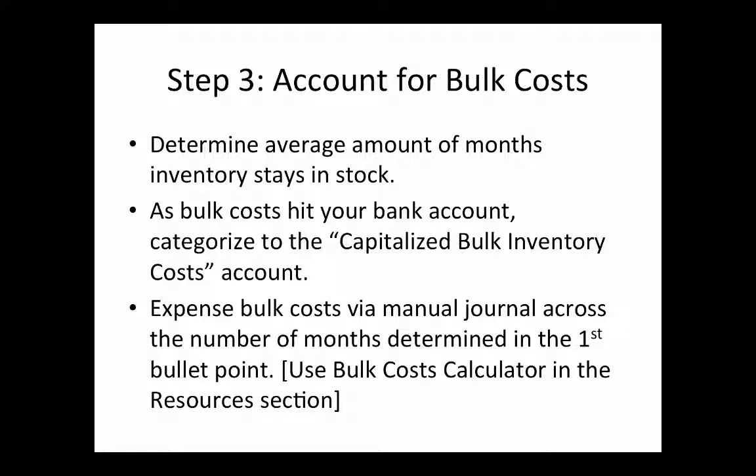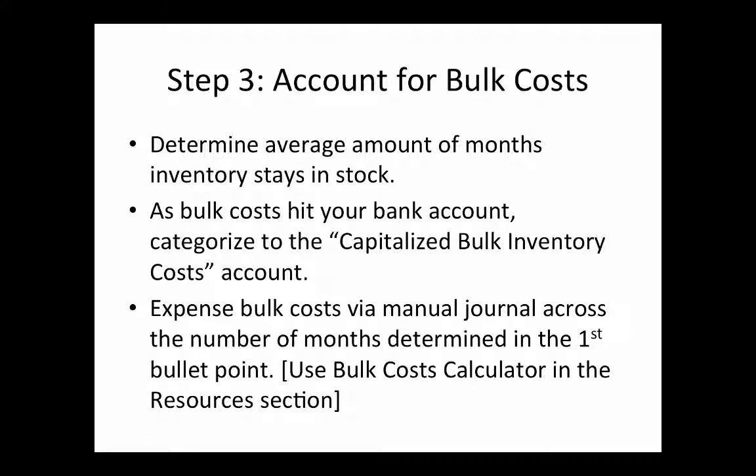So all you did was you took your bulk dynamic cost. Instead of breaking it down at a unit level, you take it as one lump sum, and then you break it across the average amount of months that your inventory stays in stock. So it's just a simpler, cleaner way to keep track of these dynamic costs without trying to break them down to the unit level.